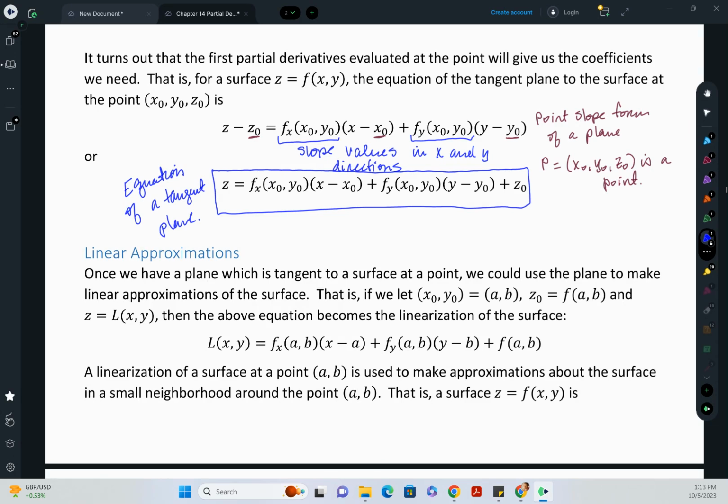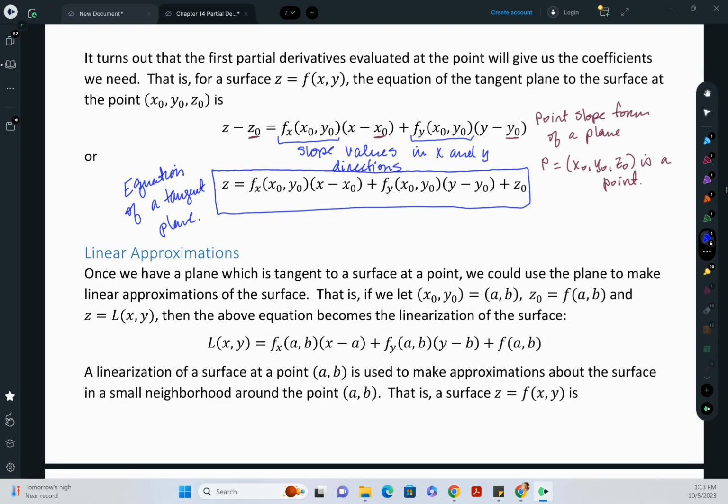What we're saying with a linear approximation, though, is that once we have a plane that is tangent to a surface at a point, we could use the plane to make an approximation of the surface at a different point, okay? Not at the same point, but at a different point. We're going to say, I wonder if this plane can tell me the function value just a tiny bit away from the original point.